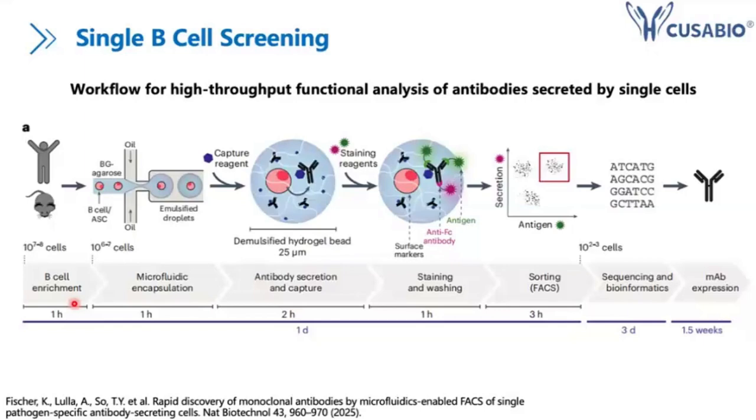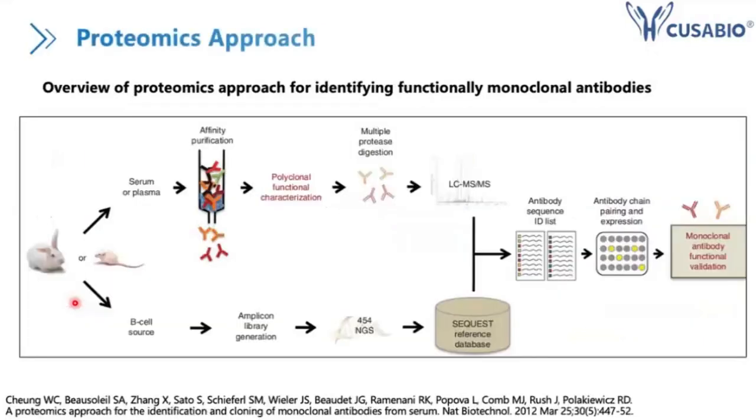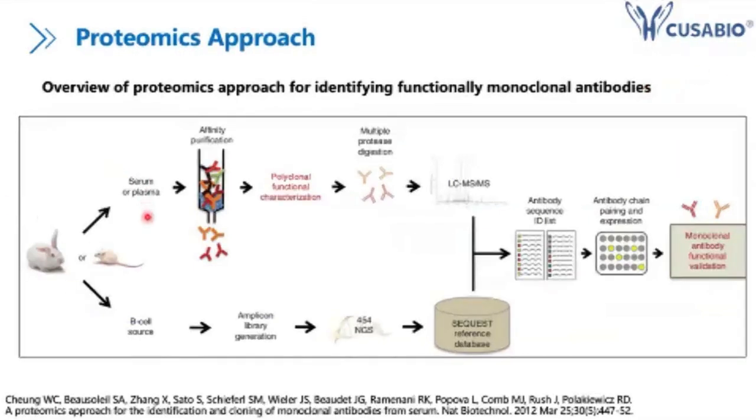For the proteomics approach, it's slightly different, but I think the basic idea is the same. You take serum or plasma from the immunized mice, and then you purify it to get a library. You can think of this library as a reference database, right?